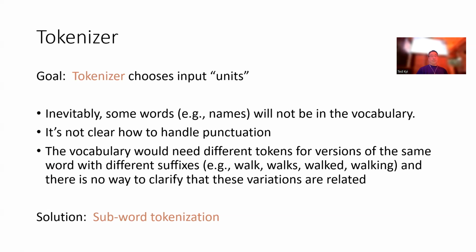So if you had walk, walks, walking, walked, they're all forms of the word walk, and so you might do something with that. You have to deal with these different kinds of edge cases.